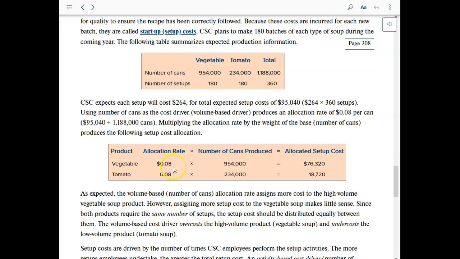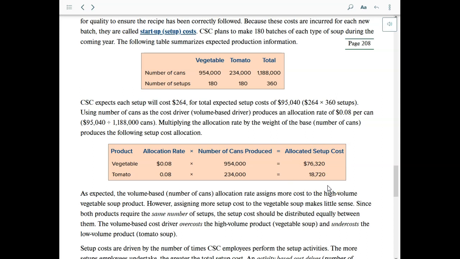So vegetable, 8 cents times the number of cans produced there, 76,320. Tomato soup, 8 cents times 234,000 cans, so 18,720. So under this method, we would allocate a lot more cost to vegetable soup than tomato soup.